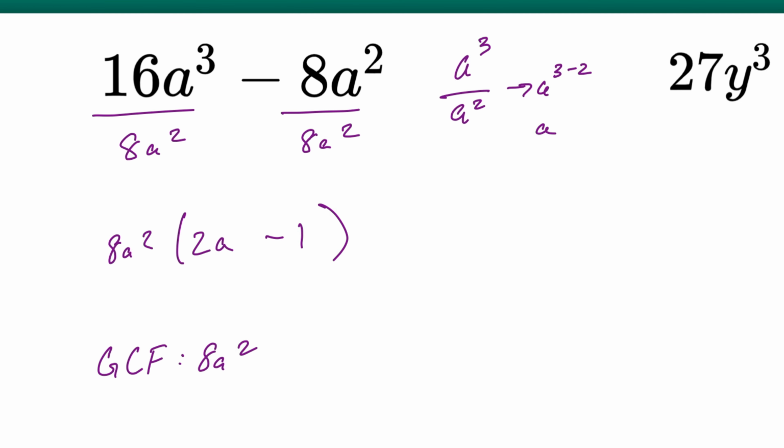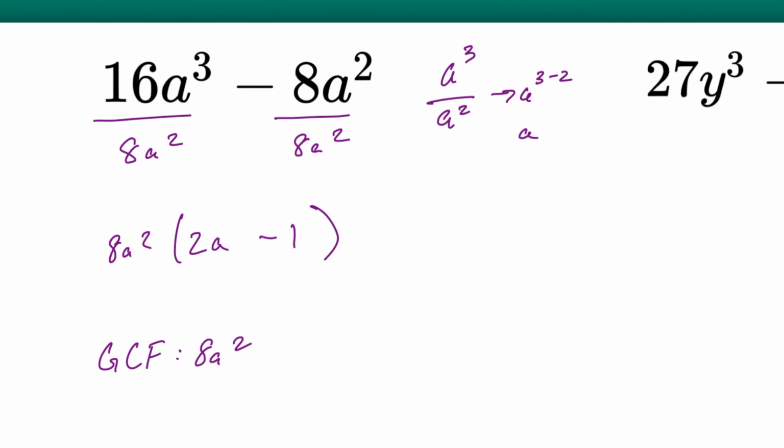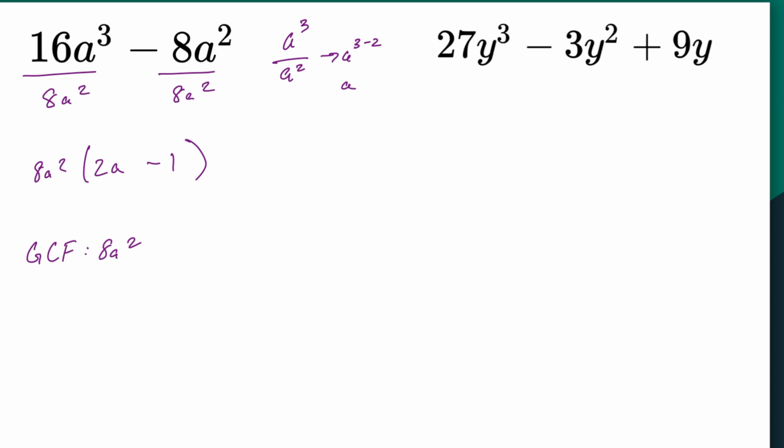You could see that we factored in a way here. We broke things down into something that we multiplied back together to get to the original. Now, if there's 3 terms, it's the same thing. 3 is my smallest number, and 3 goes into 9, it goes into 27. And then I look, y is my lowest y, right? So that has to be my greatest common factor.